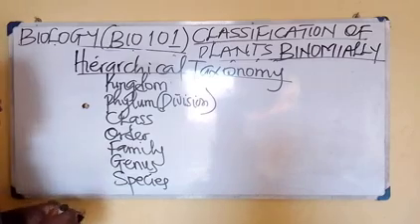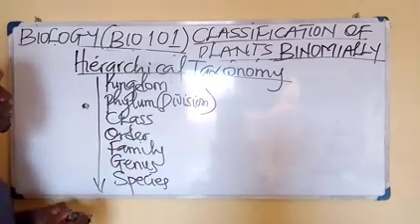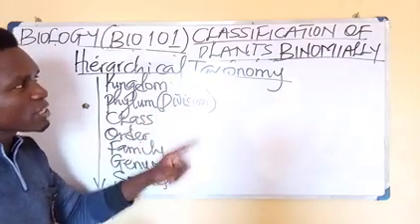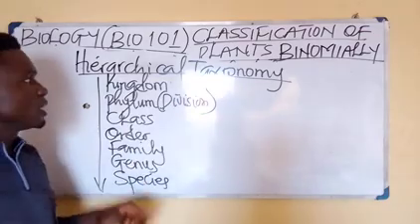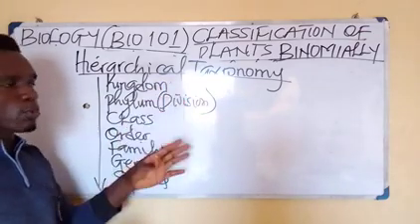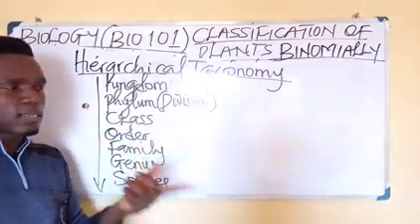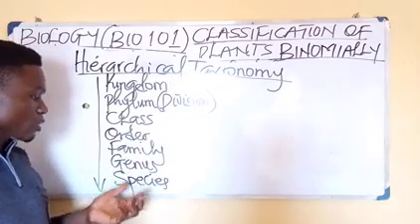So what I have here is hierarchical grouping or hierarchical classification of living things. So I call it hierarchical taxonomy. Now, kingdom when divided into smaller parts, you have phylum. Phylum is for animals, division is for plants. Take note of that. Class, order, family, genus, species.